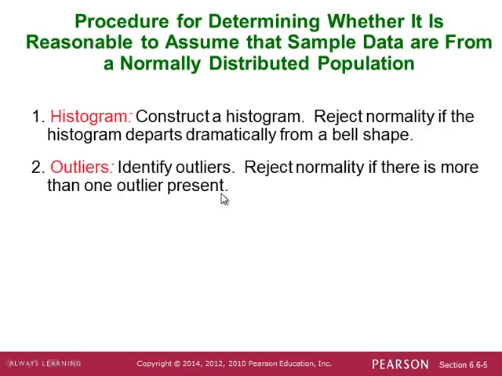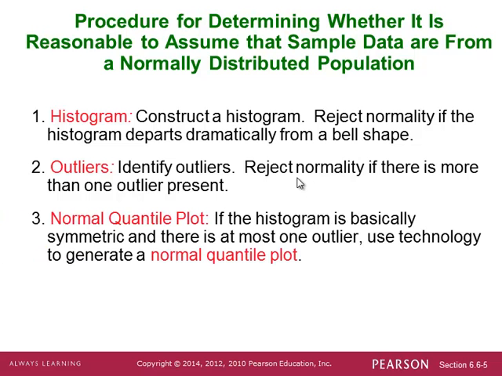If there are more than about one or two outliers present, then you should probably reject the assumption of normality. And then the third thing to do is to construct that QQ plot.